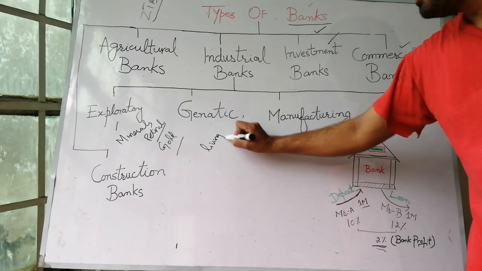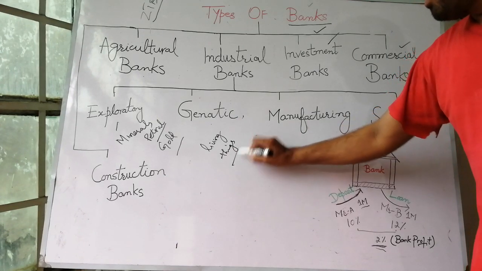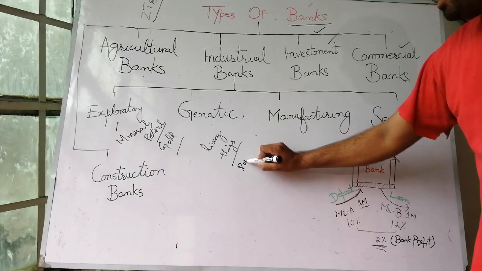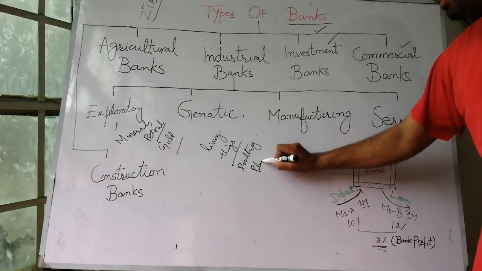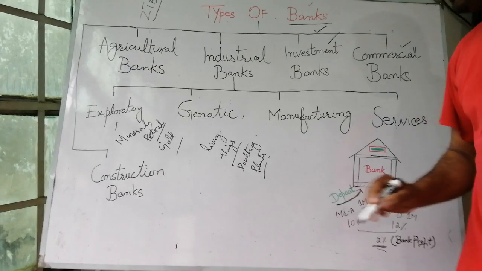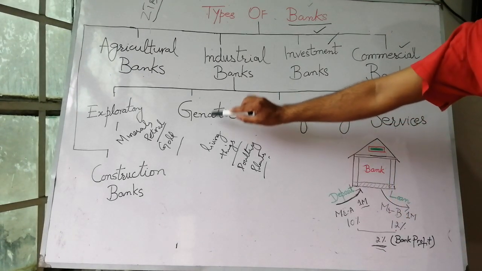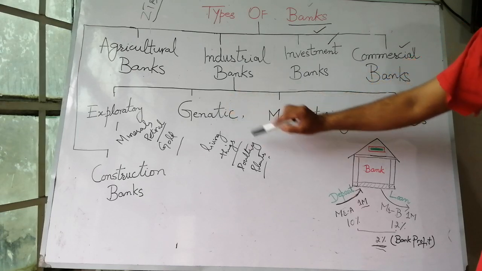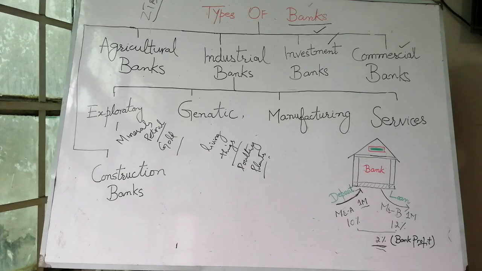Living things means poultry, plants, and other such things. These are all under the umbrella of genetic industries: living things, poultry farms, plant nurseries, and these types of things.